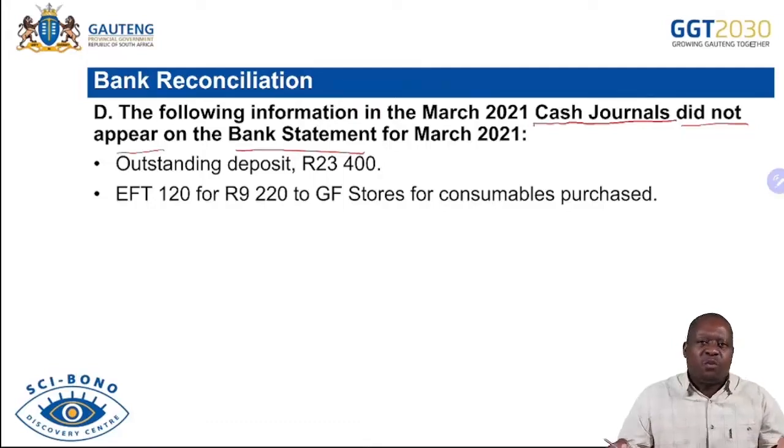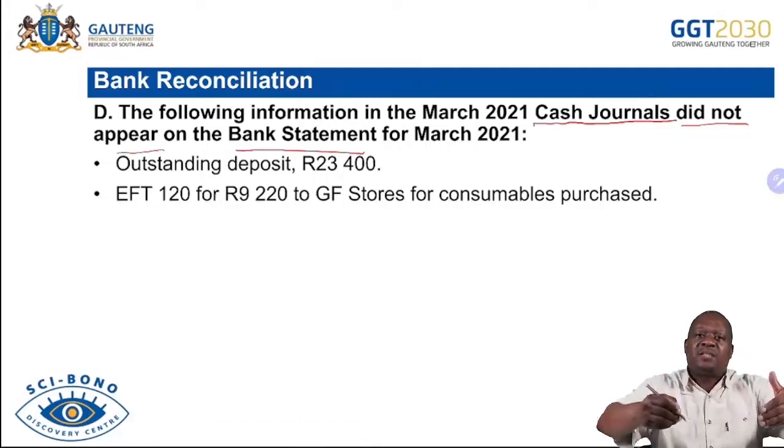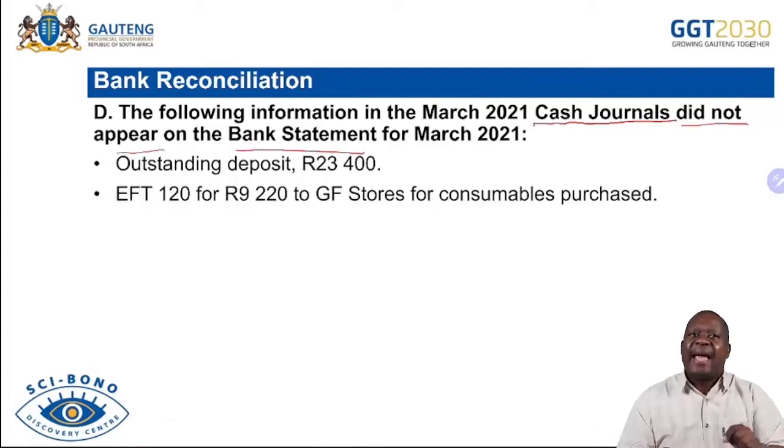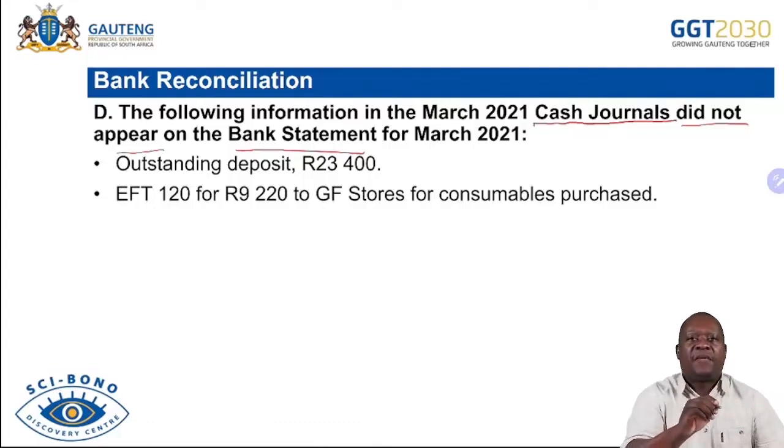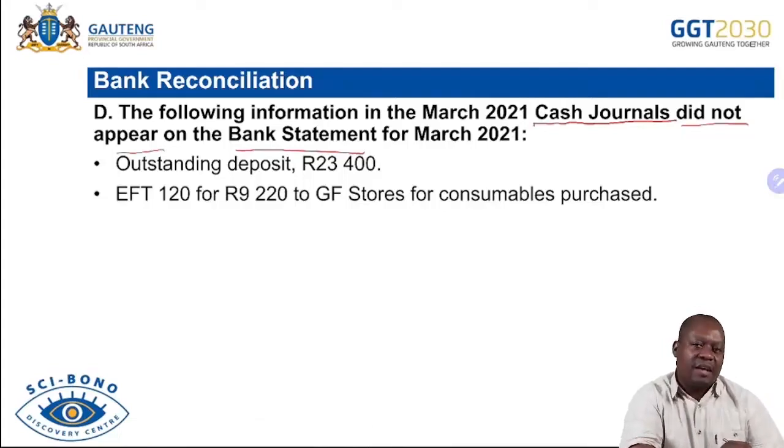But let's assume because of something else that happened, we receive next month's bank statement and that figure still is not there on the bank statement. It means something happened to this cash on its way to the bank. It never arrived at the bank. So we need to investigate, establish, and deal with such accordingly.